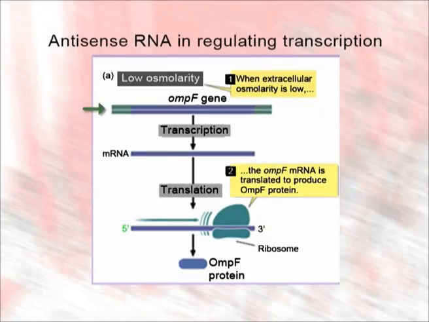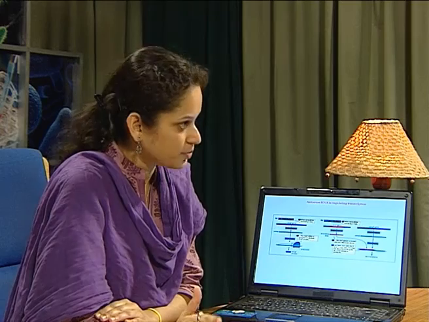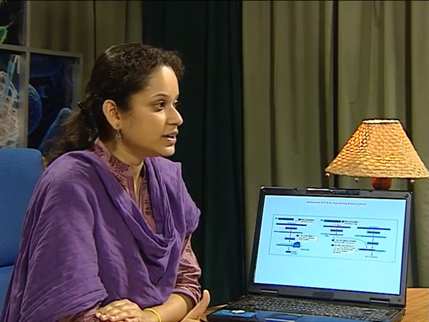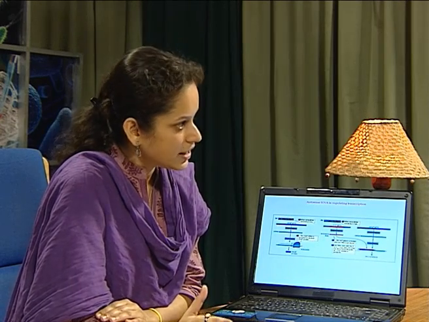As the name suggests, it has bases which are complementary to the bases present in mRNA, as a result of which it binds with mRNA, inhibits translation, and thereby inhibits the production of protein. So these RNAs are known as antisense, and they play a regulatory role in gene expression when they are synthesized according to the cell's physiological needs.